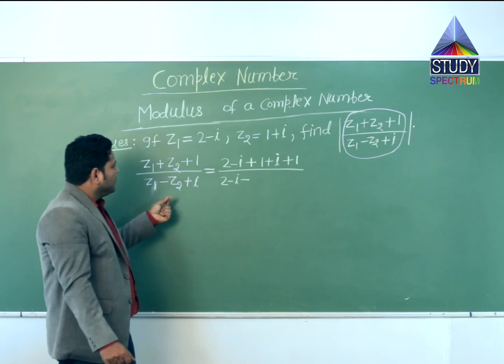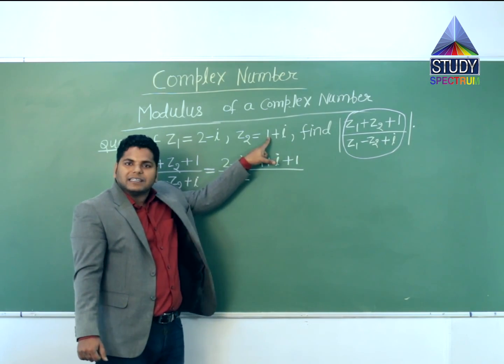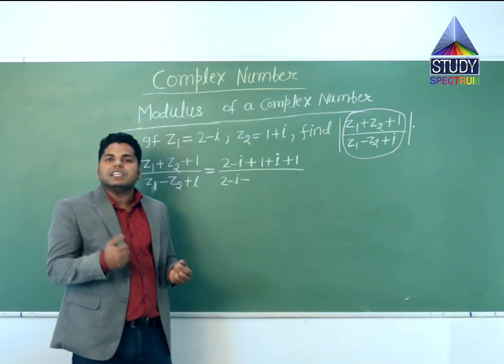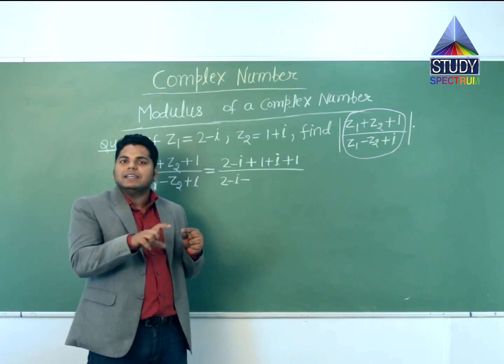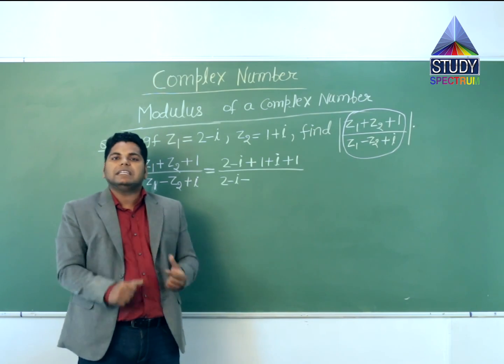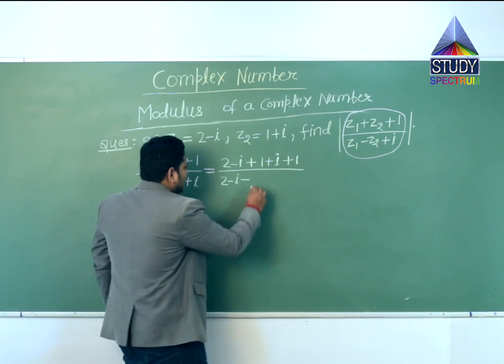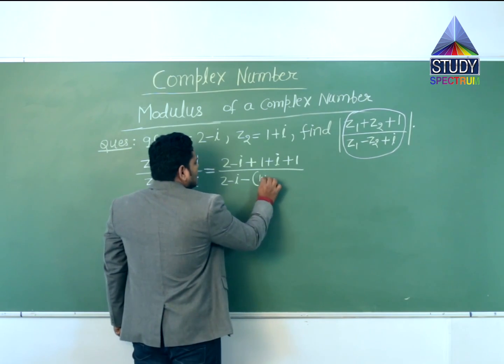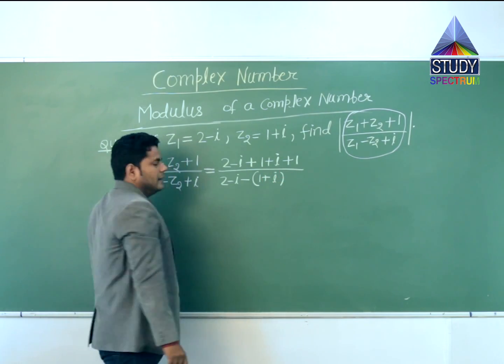It means we'll put 1 plus i in brackets. If you have more than one term after a minus sign, you have to keep those terms in brackets. So we'll write 1 plus i, plus i.